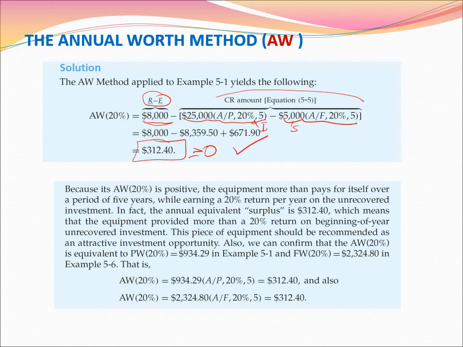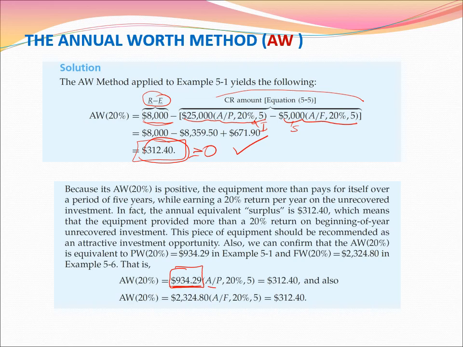And as you can see, this decision is exactly the same as the previous decisions that we made with the present worth or future worth methods. And actually, if you convert this annual worth into future worth or present worth, or vice versa, we already calculated the present worth in the previous examples as this much.